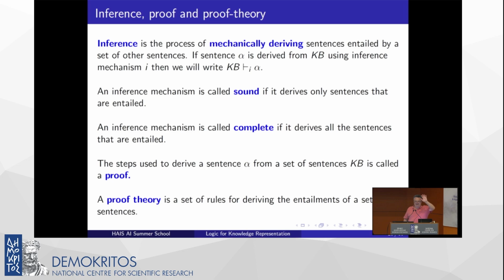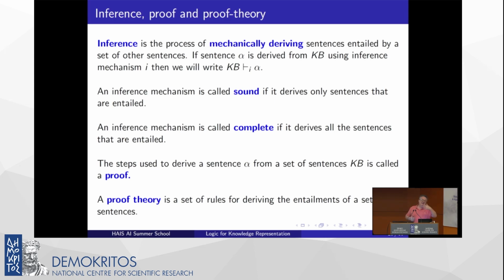So, syntax, semantics, and then we need to define how we do inference, whether there is a mechanistic way that we can start with a set of sentences and prove another set of sentences.